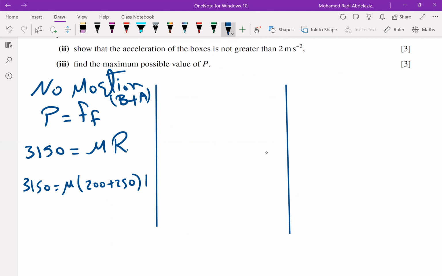From this equation you can calculate mu, which is 3150 divided by 4500. So the answer is 0.7. This is mu, this is part 1.